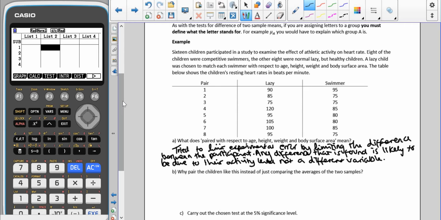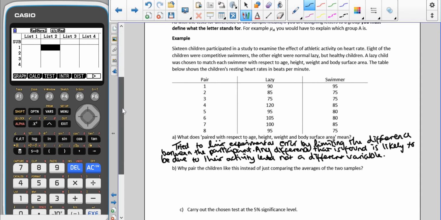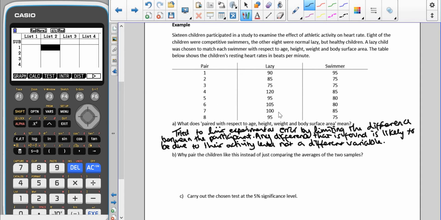So for part B, why pair the children like this instead of comparing the averages of the two samples? Well, if we have all the lazy people being maybe all taller or shorter, and if we have the swimmers being more athletic, already being smaller, then that could mean that it was the heights or the weights or whatever that was making the difference, not their activity level.